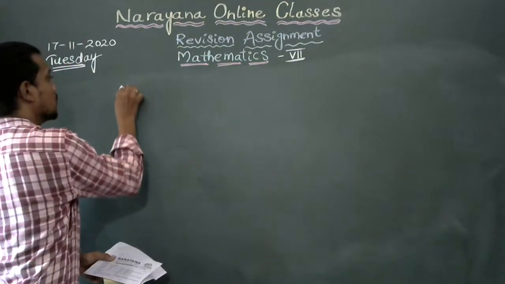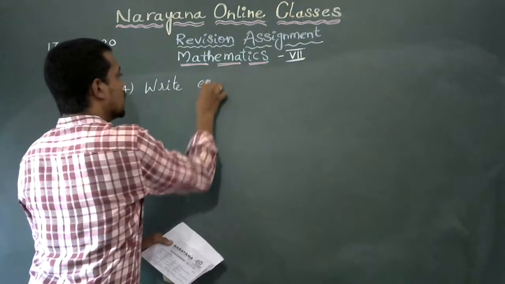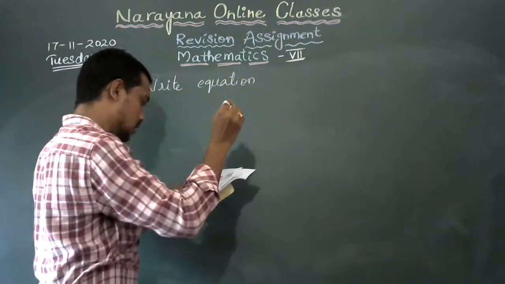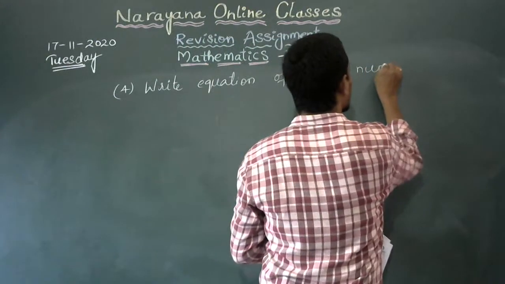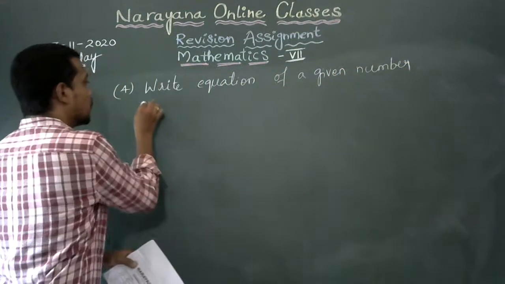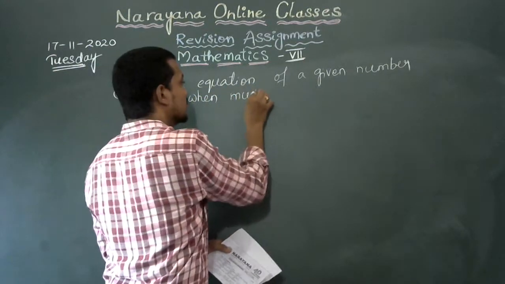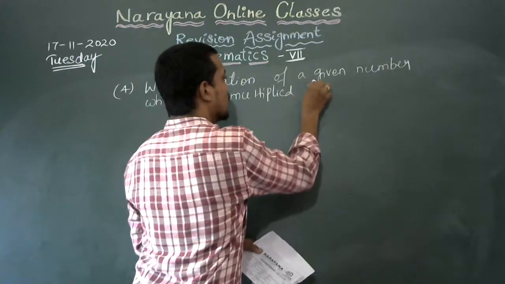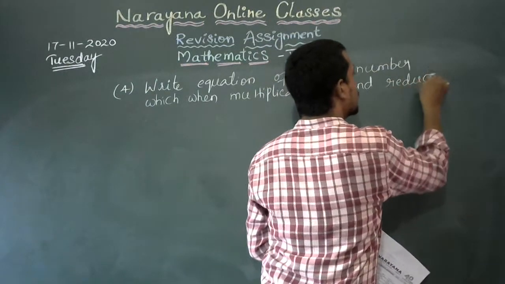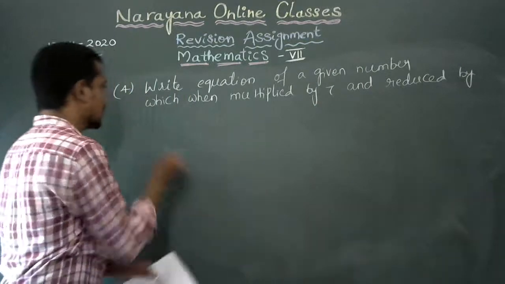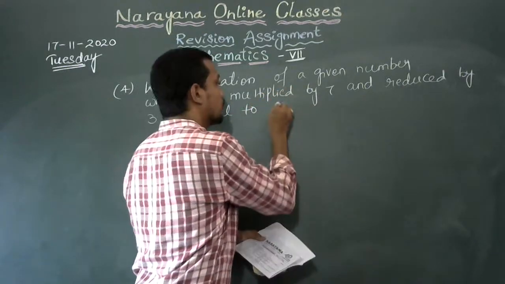Now fourth question. Write an equation of a given number which when multiplied by 7 and reduced by 3 is equal to 53.